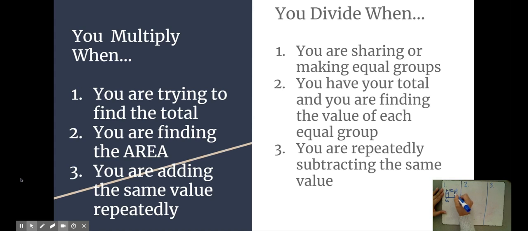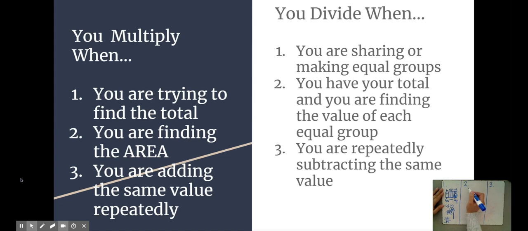And you're trying to find how many cookies each group would get. So you would do your 42 divided by 7. Either way, if you're doing tic-tac-toes, you should get 6. So 6 goes in there.